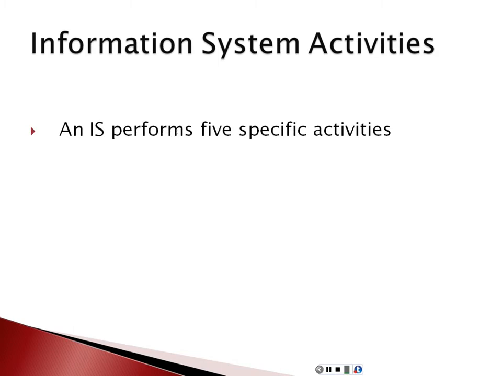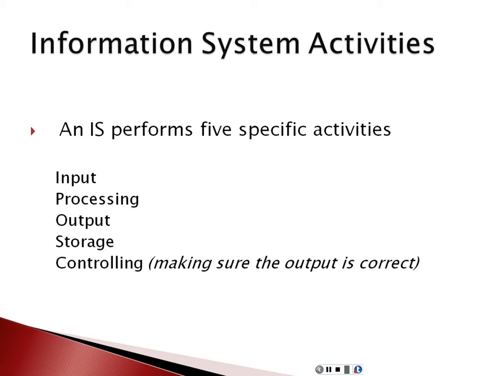In regard to specific information system activities: input, processing, output, storage, and then one more step, controlling. You'll see this in a lot of things that we talk about, not only in this class but in other classes: there's always a next step of controlling to make sure that what we're doing is correct.